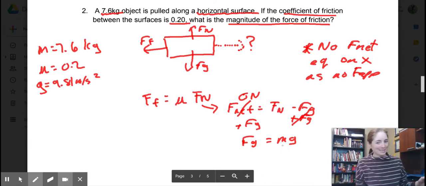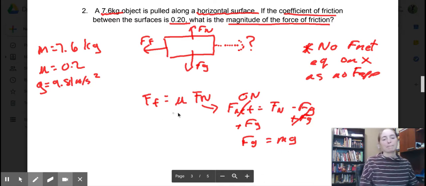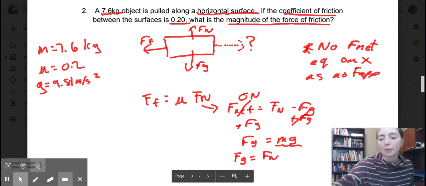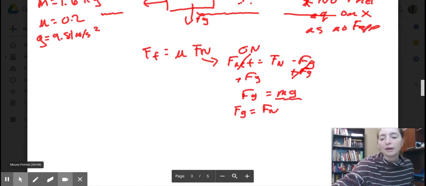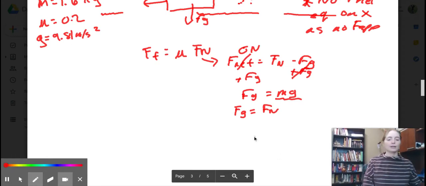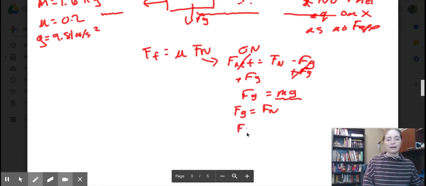Looking familiar, guys? Yeah. Okay. Because Fg equals mg, I can take this mg and just replace that Fg with the mg. There we go. All right. So my Fn is going to equal mg.